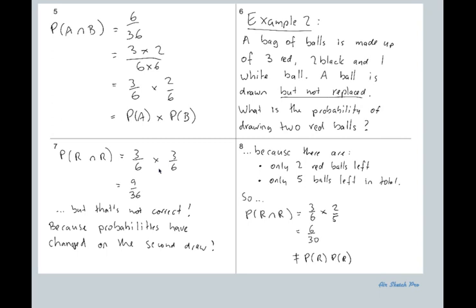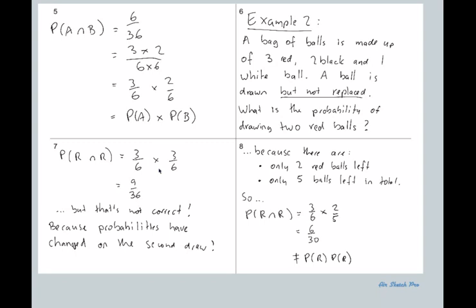When I roll my second die, how is the second die affected by knowing that the first die is 5? Not at all. Yeah, exactly, not at all. So hence, those 2 things do not affect each other. We call those kinds of events independent events. One event does not affect the other.